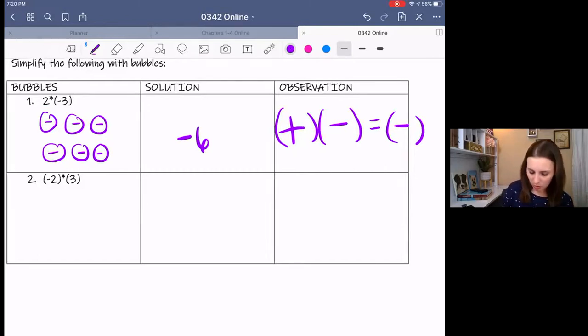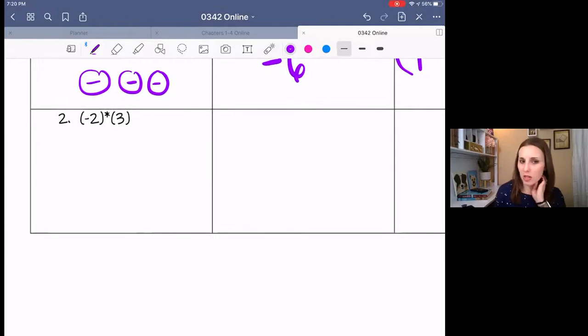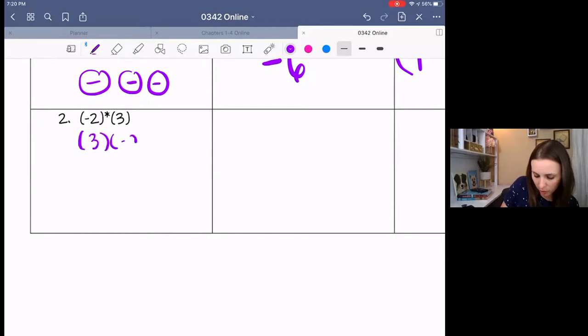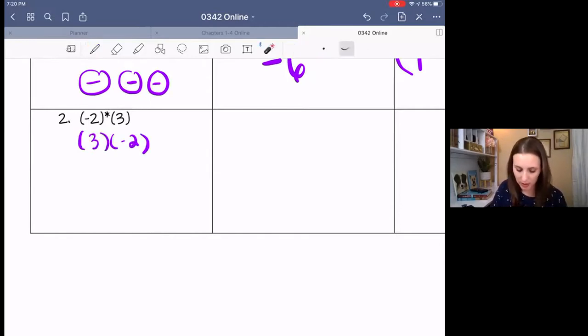In number 2, I'm going to actually use the commutative property here. First, I'll show you a different way, but I'm going to start with the commutative property. The commutative property states that I can change the order of multiplication. And I want to point something out that I did out of habit. You'll notice that I didn't put a sign in between my parentheses.